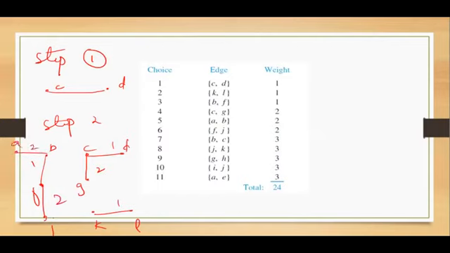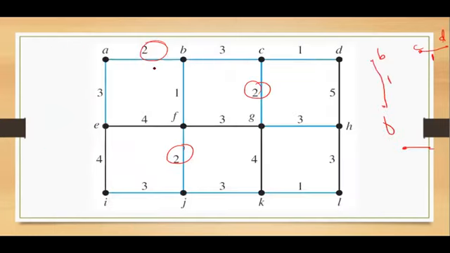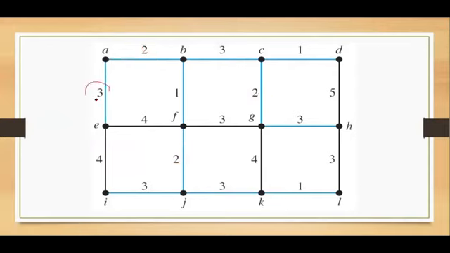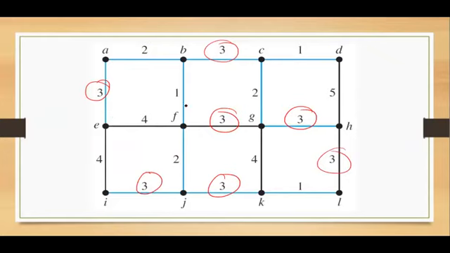Now, next we have to check the next least minimum weight. So AE is 3. BC is 3. GH 3, FG 3, IJ, JK and LH. So basically we have 6 edges with the weight 3. Can we take any of them?